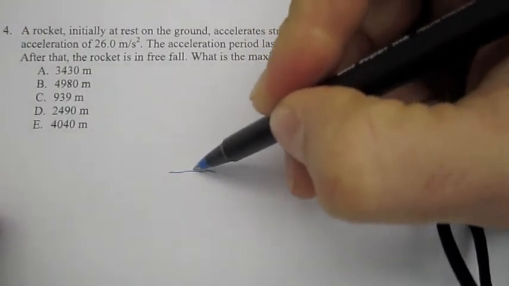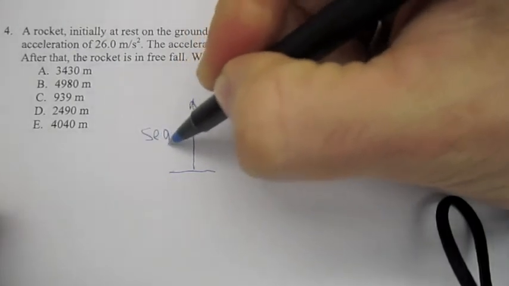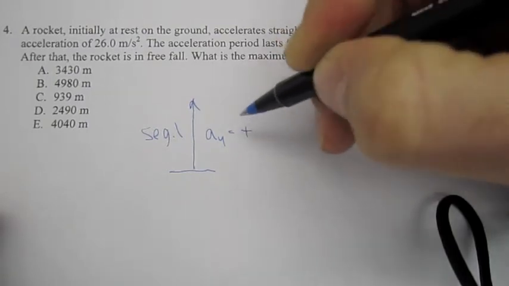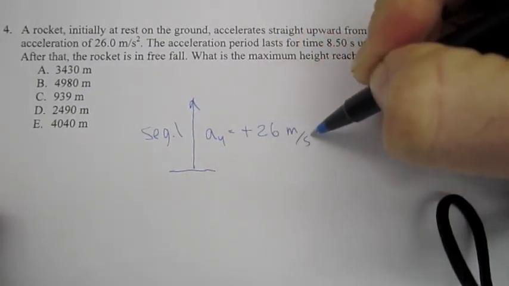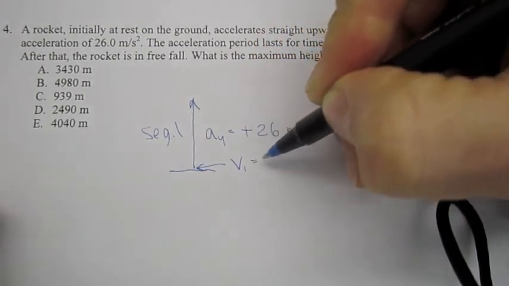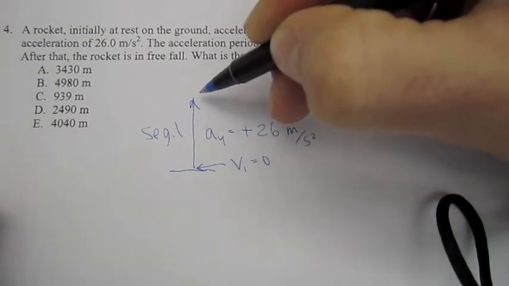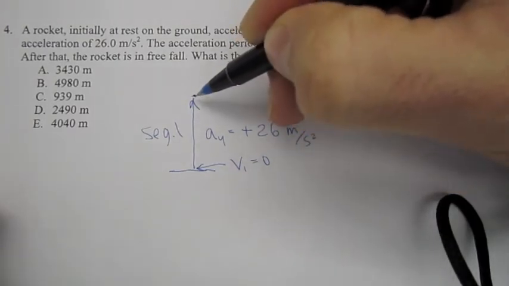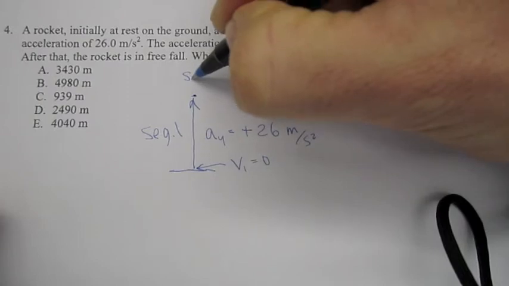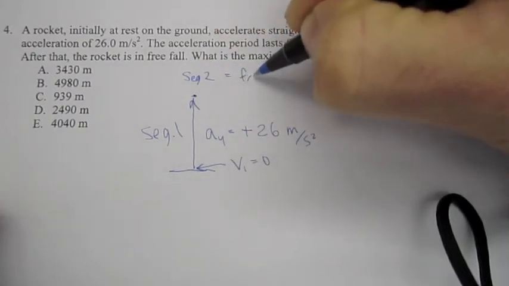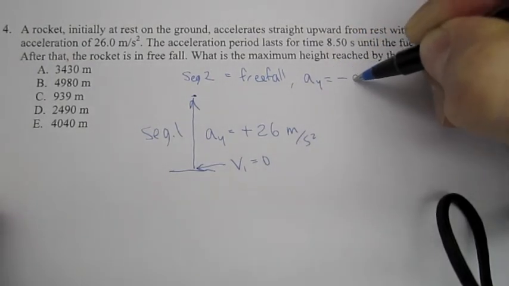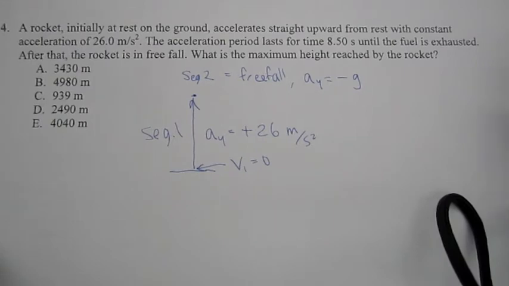The first one, segment 1, has its acceleration in the y direction equal to plus 26 meters per second squared. It starts from rest, so we could say that v1 equals 0. Then it gets up to some point 8.5 seconds later, and then segment 2 is free fall, where a sub y equals negative g, negative 9.8 meters per second squared.